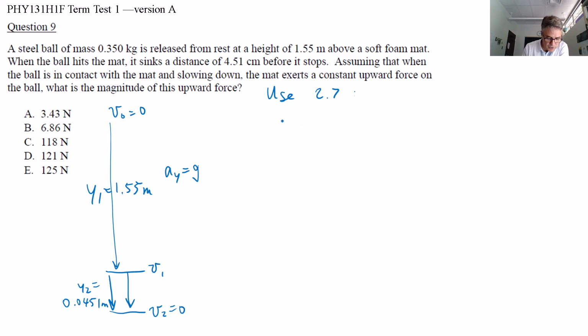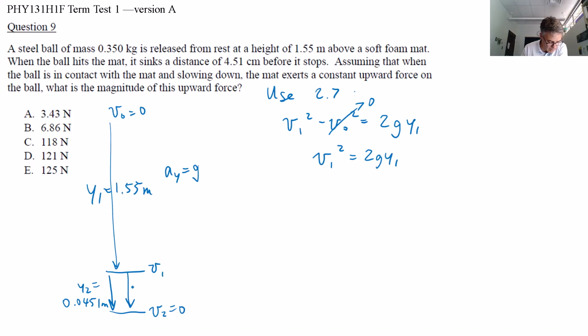So V1 squared minus V0 squared is equal to 2 times g times y1. This is 0, so we can say right there that V1 squared is equal to 2 times g times y1.